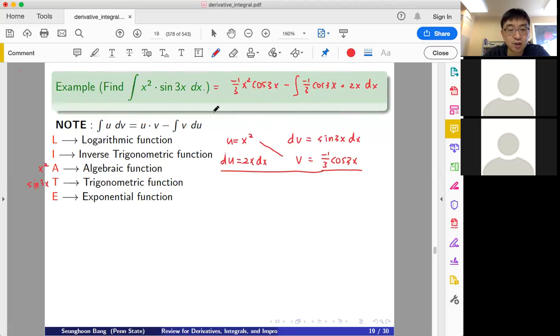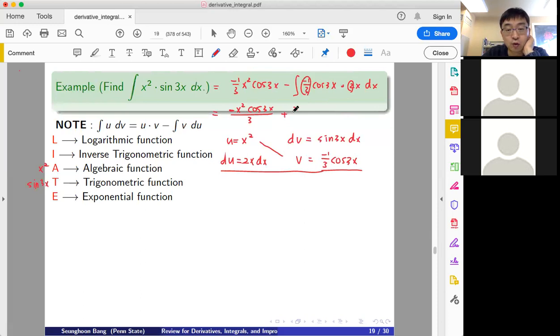You can change it a little bit. This is negative x squared cosine 3x over 3. Take out minus 1/3 and the 2: negative 1 times minus 1/3 is positive 1/3, and positive 1/3 times 2 is positive 2/3.